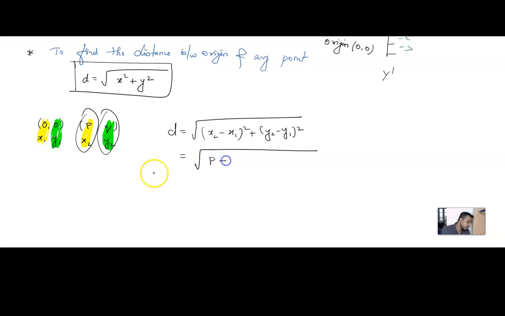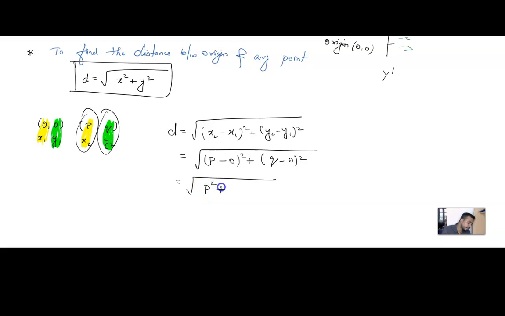That is p, minus x1, which is 0, whole square, plus y2, that is q, minus y1, that is 0, whole square. That's nothing but root of p minus 0. 0 means nothing, remember. If you add or subtract 0 from any value, it remains the same. So p minus 0 is p itself.